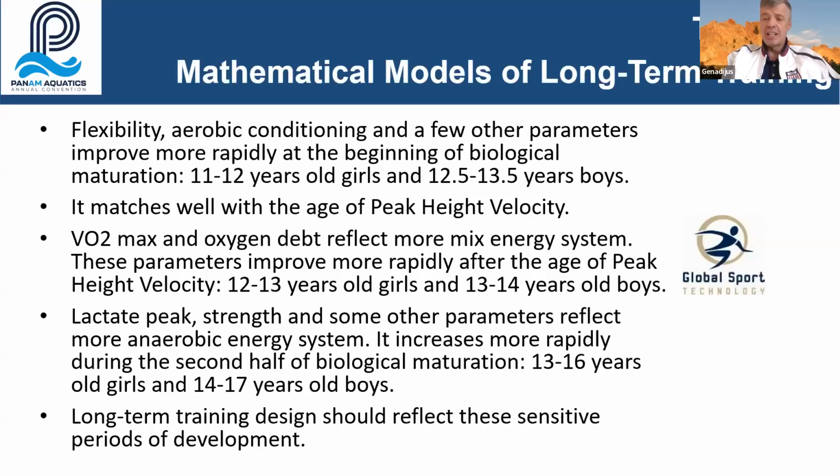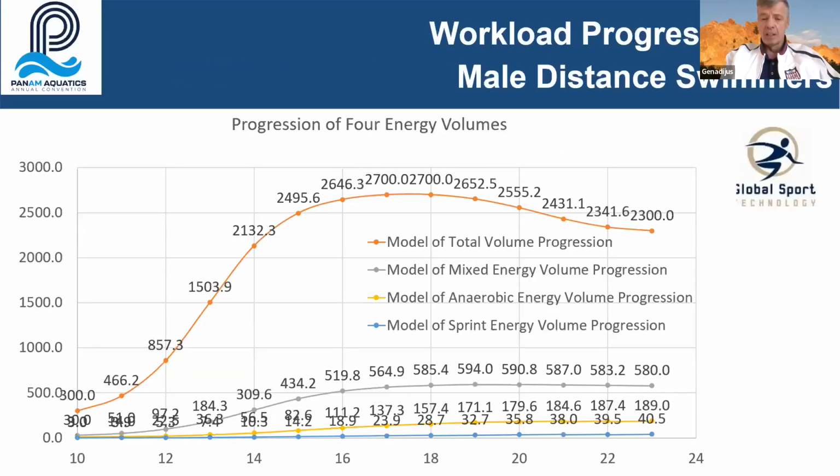That's why the training volume curve should reflect the sensitive periods of development. For example, this is the model that we created for male distance swimmers. They increase aerobic and total volumes really fast, as you see here, reaching 2,700 kilometers a year. That's for future elite level distance swimmers.